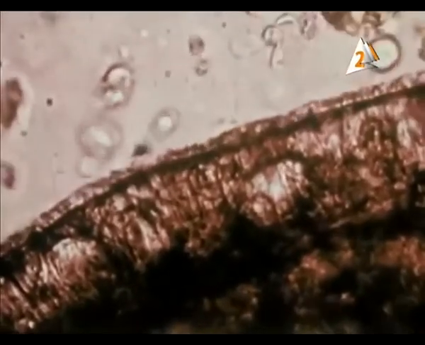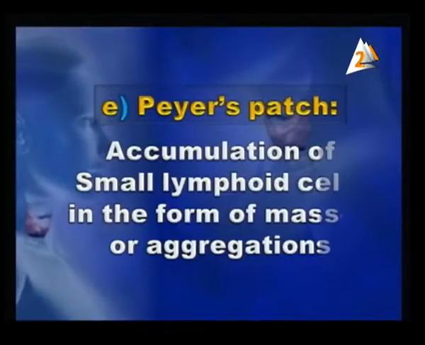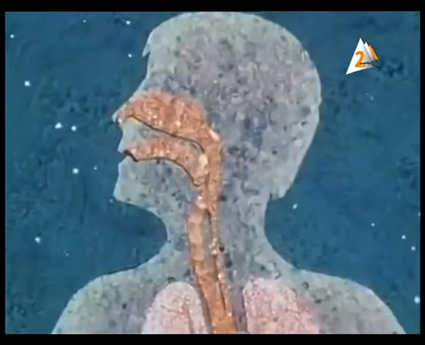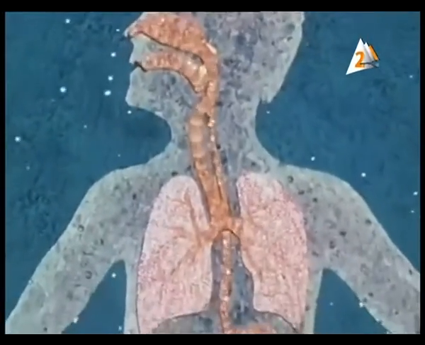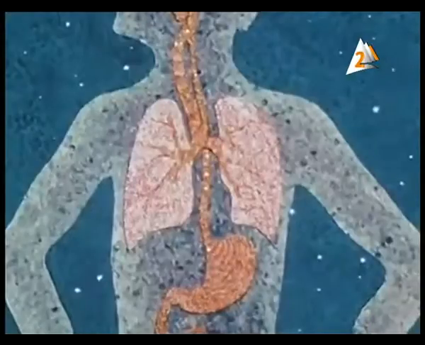The next of these organs is the Peyer's patches. These Peyer's patches are accumulations of small lymphoid cells in the form of masses or aggregations. They are spread in the mucous membrane lining the lower part of the small intestine, and they have a very important function.